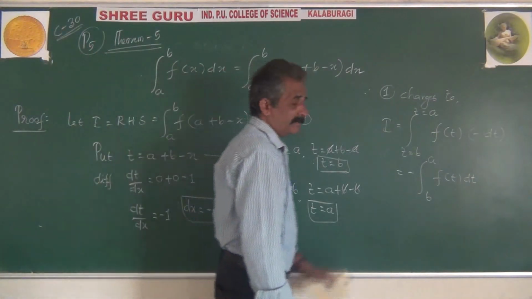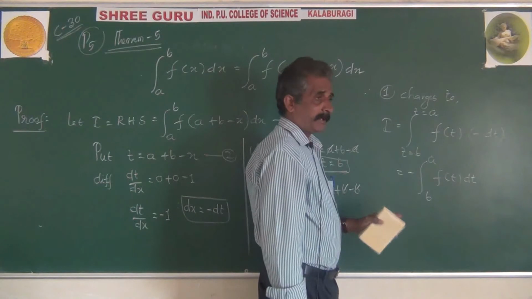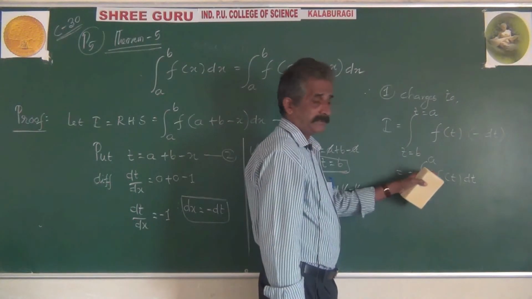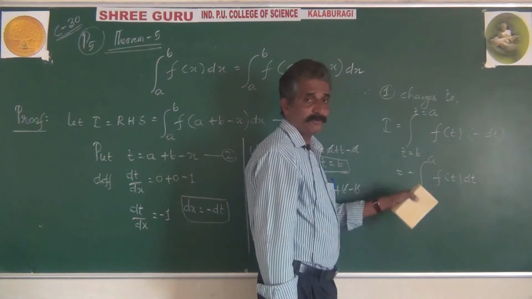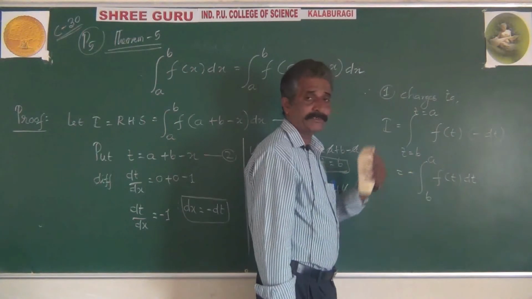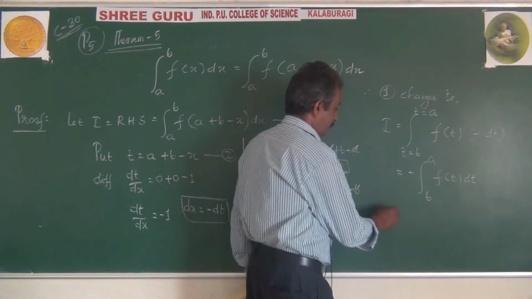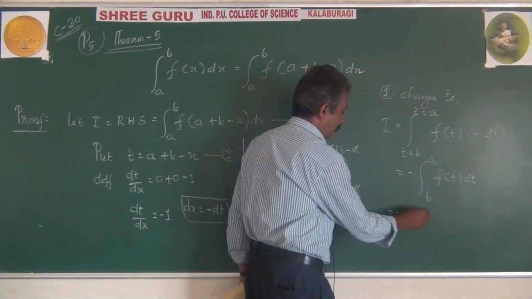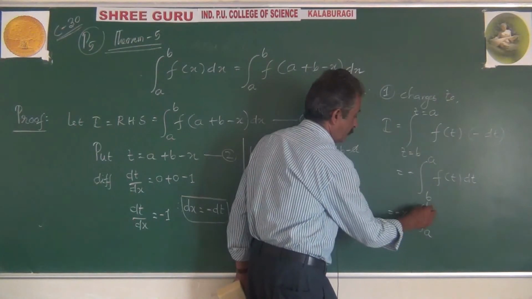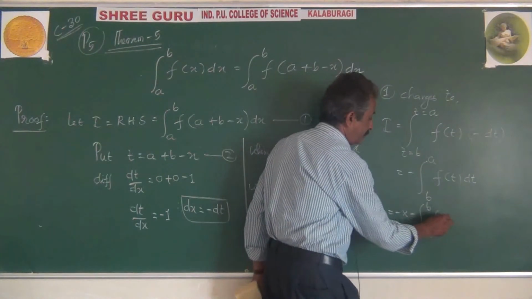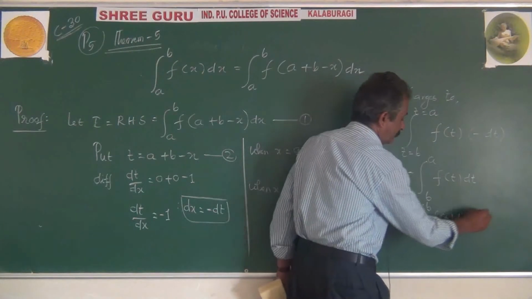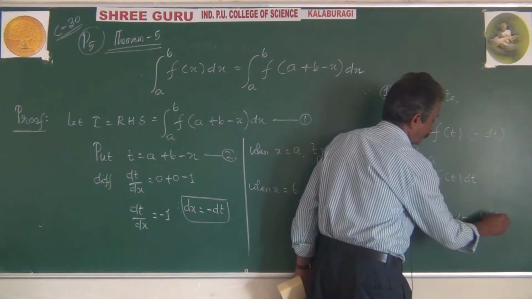Let us apply second property. By second property we can interchange lower and upper limits with an extra minus sign. That is minus into minus of integration a to b f of t dt, using second property.